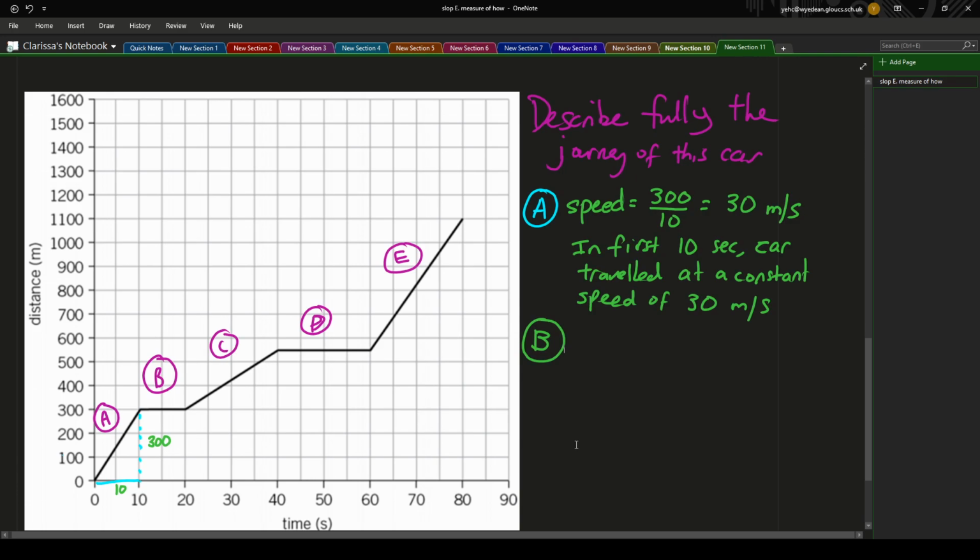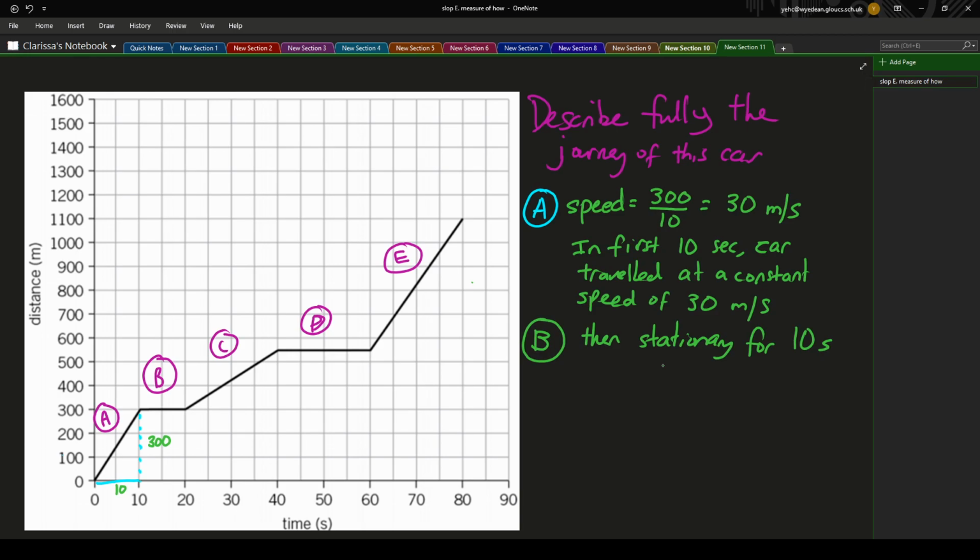Remember what the shape of that flat horizontal line is? Stationary, so not moving, for 10 seconds. Because it started at 10 seconds and went on to second number 20, it stopped moving for 10 seconds.